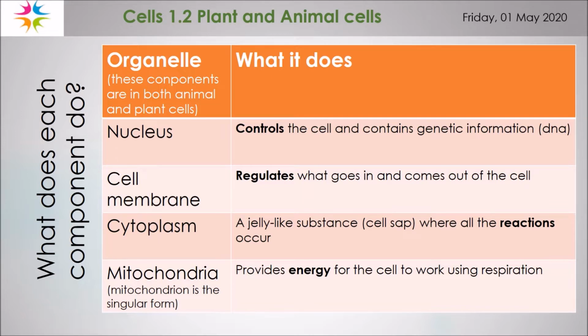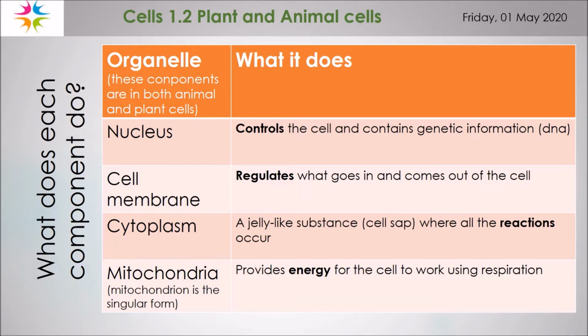Okay, so the first organelle we're going to look at is the nucleus, which controls the cell, and it contains genetic information like DNA. Then there's the cell membrane, which is porous, and it regulates what goes in and what comes out of the cell. And the cytoplasm is this jelly-like substance, like cell sap, where all the reactions take place, the chemical reactions.